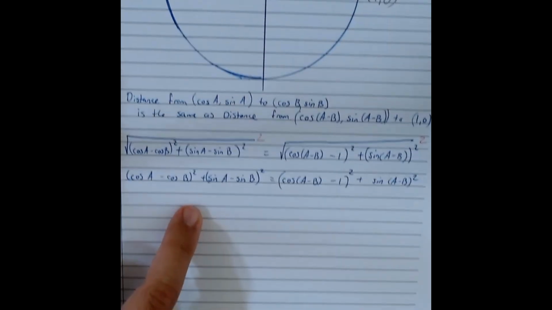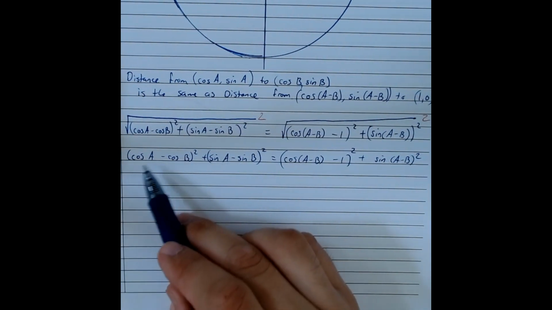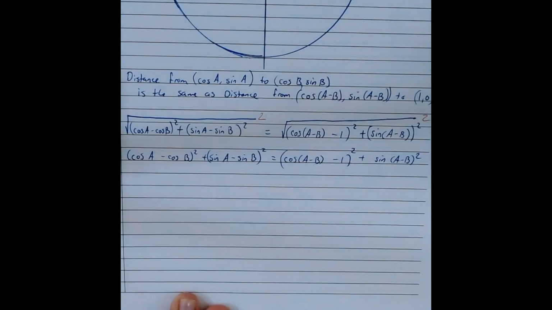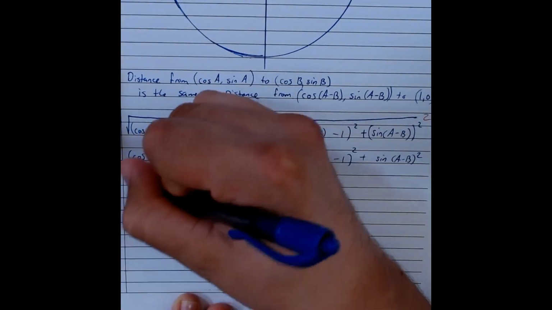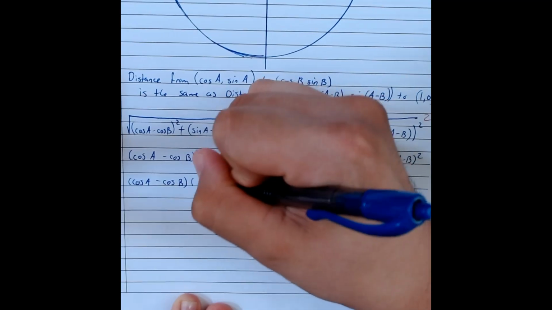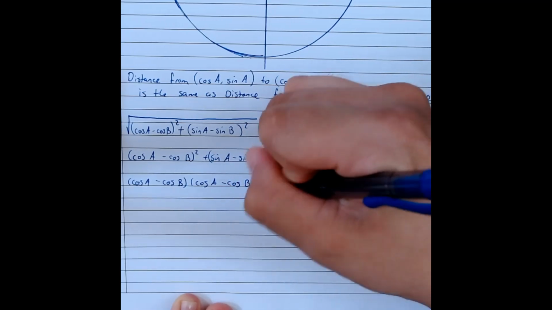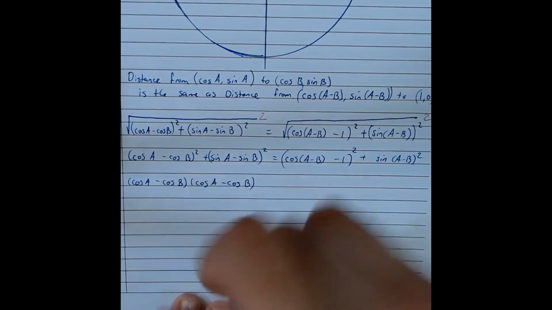Okay. Now, I can actually square this. Cosine of A minus cosine of B squared means cosine of A minus cosine of B times itself. Likewise here, I can square that thing.